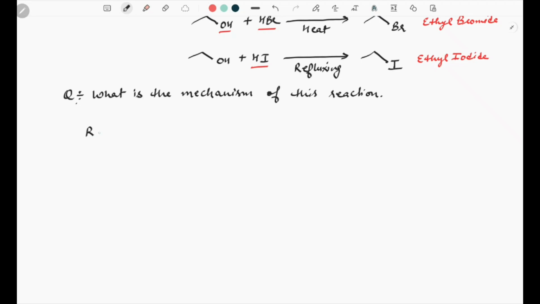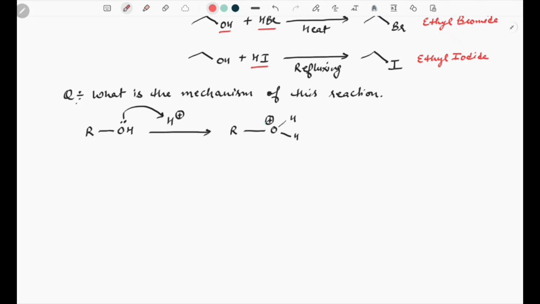Since the reaction is occurring in the presence of acid, then it is normal for an alcohol molecule to get protonated, and the OH group, that is hydroxyl group, is converted into OH2 group, in which oxygen has a positive charge.